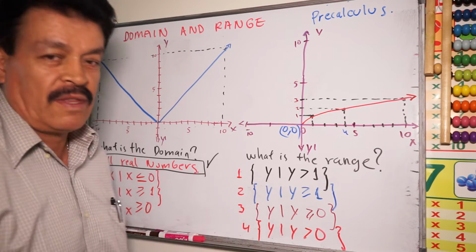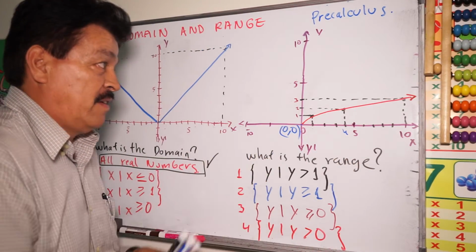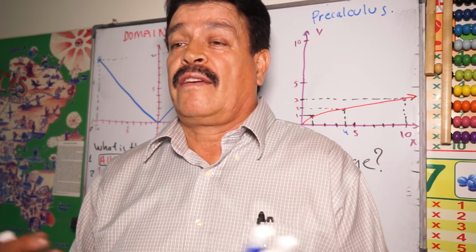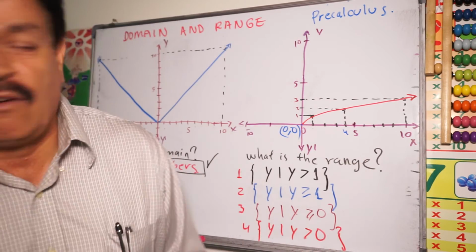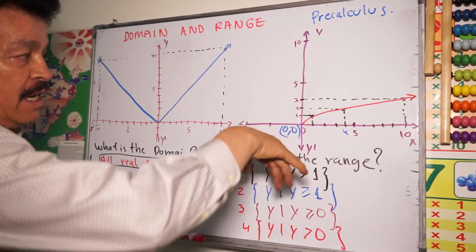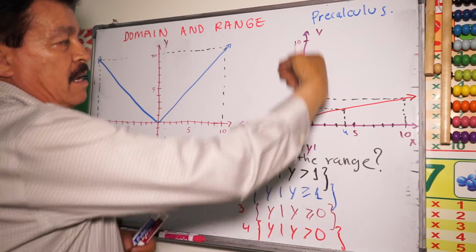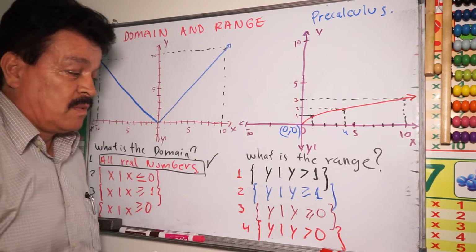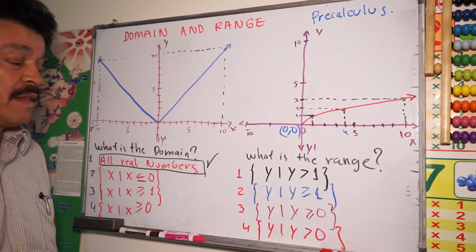Which one do you think is the best answer to show the range for this graph? Remember, the range of a function is the set of all y values. The graph is above the x-axis.